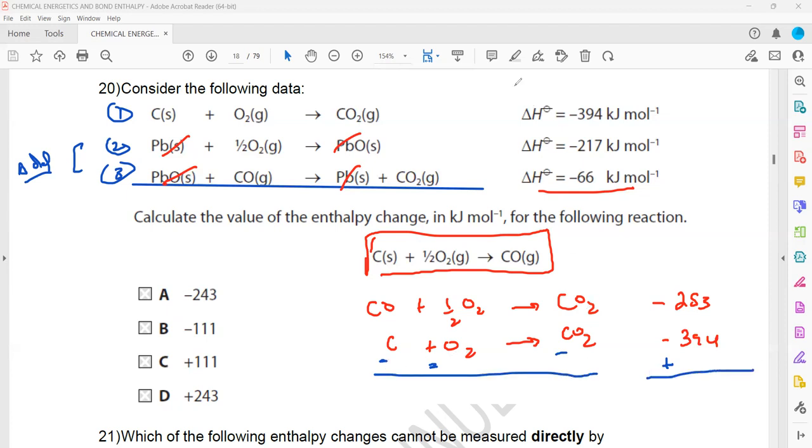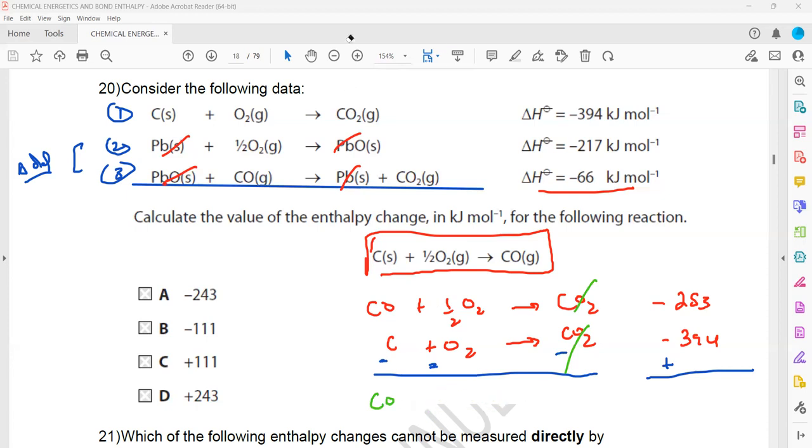It's like a mathematical equation: carbon dioxide cancels with carbon dioxide. Here we have carbon monoxide, half oxygen plus 1 oxygen. So minus half oxygen minus C will go to the other side, and it will become C plus half oxygen.